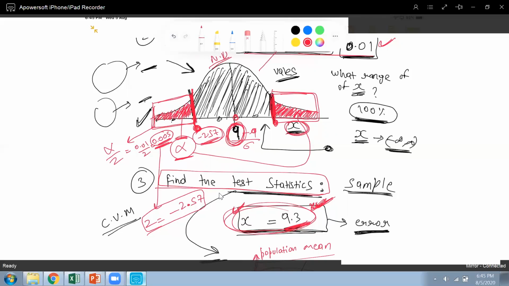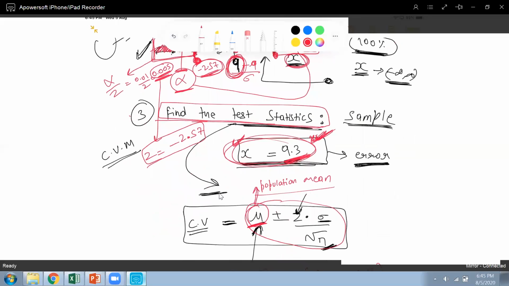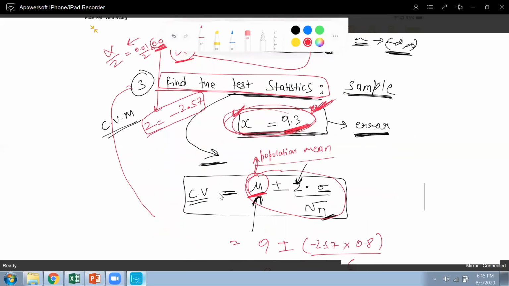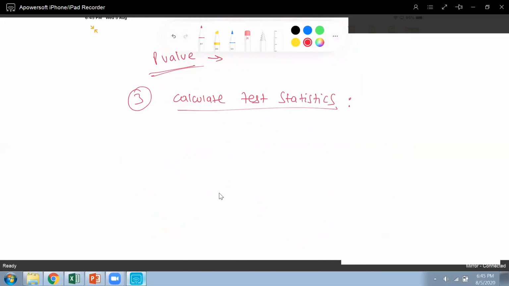In the third step I will make a change. I will calculate the test statistic. So what will I do? I will find the z value, the z test.